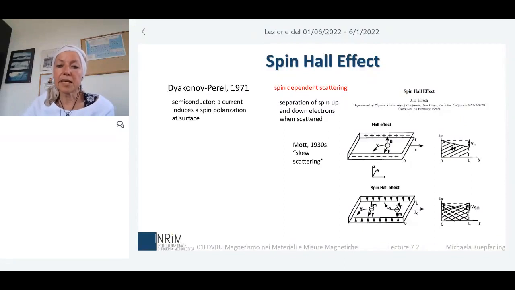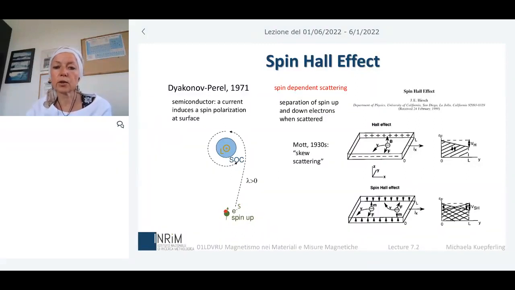This effect is basically based on what is called skew scattering, which was studied by Mott in the 30s. It's the spin-dependent scattering of an electron at an element which has a strong spin-orbit coupling.